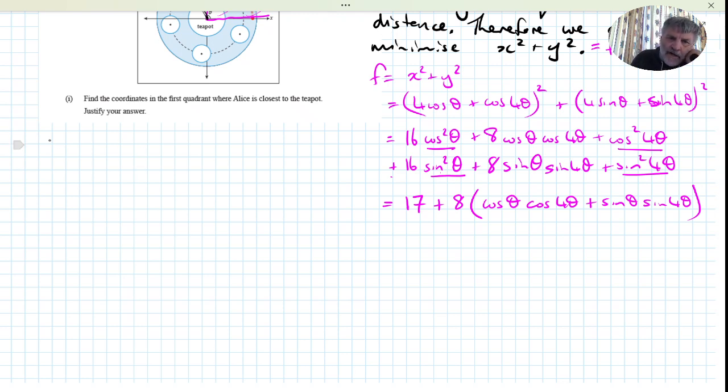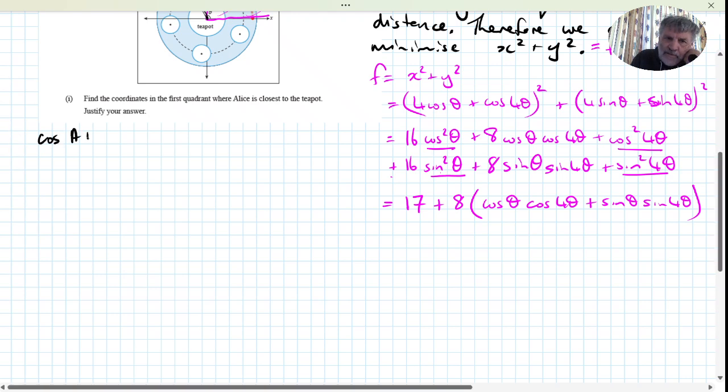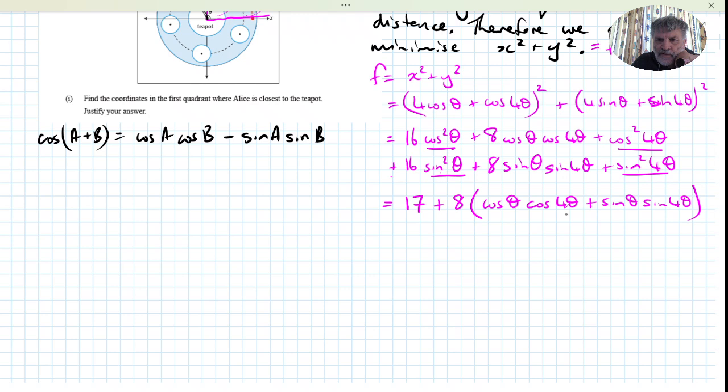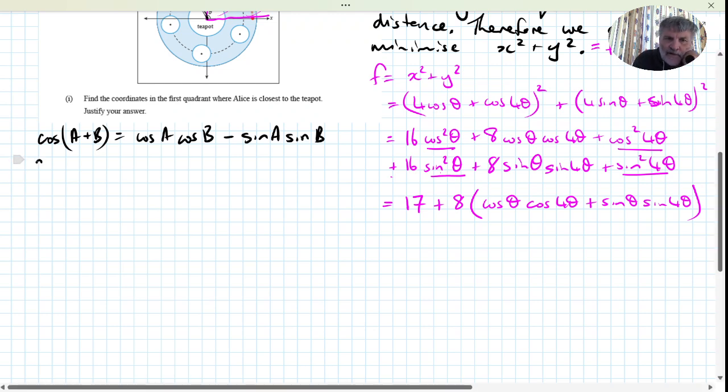If you have cos A plus B, that's equal to cos A cos B, take off sine A sine B. And these terms that we've got are like cos A cos B and sine A sine B. So something from here will help us simplify this.